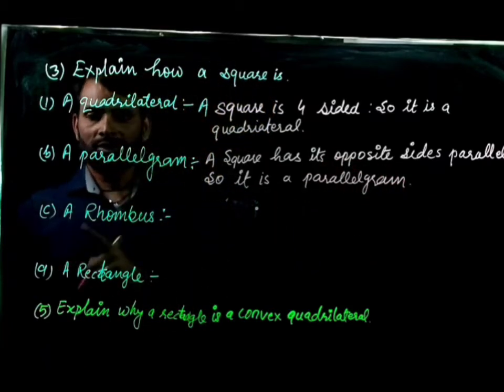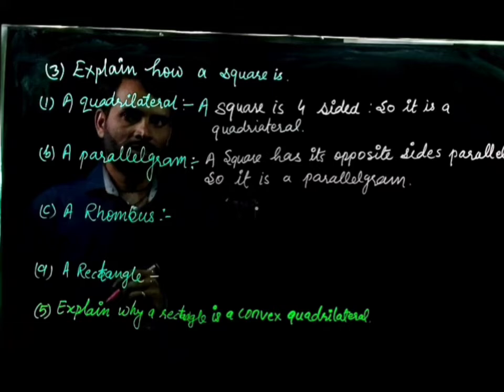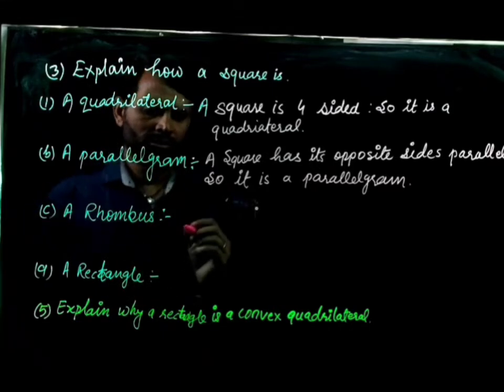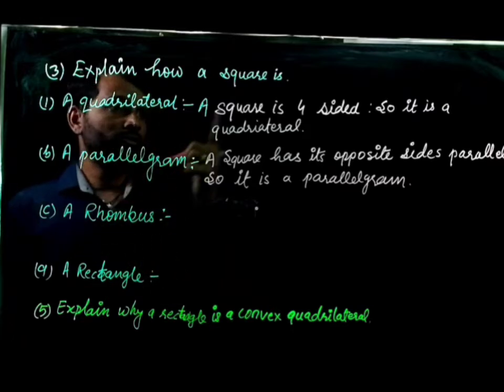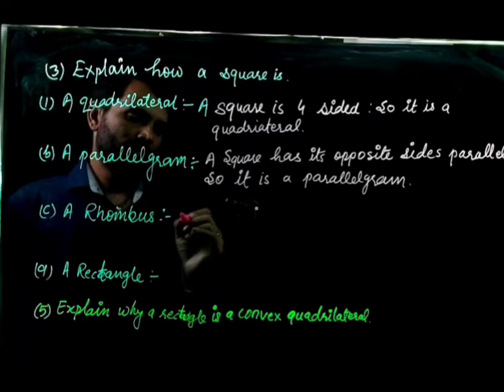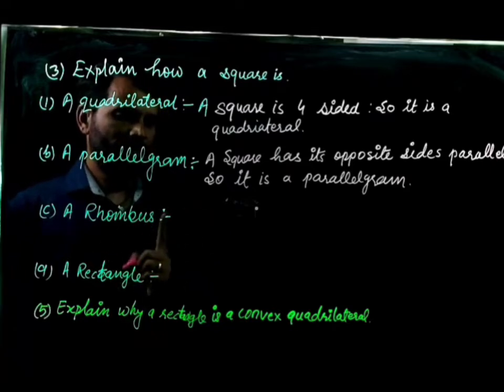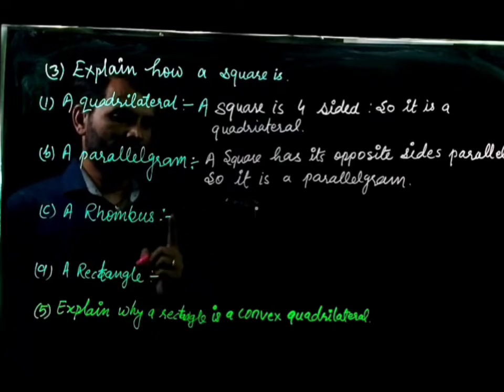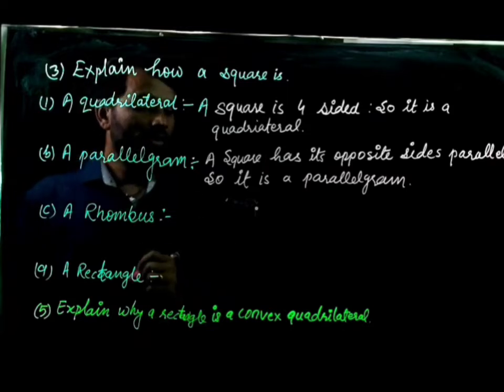Explain how a square is a rhombus. A square is a parallelogram with all the sides equal. It's the rhombus.